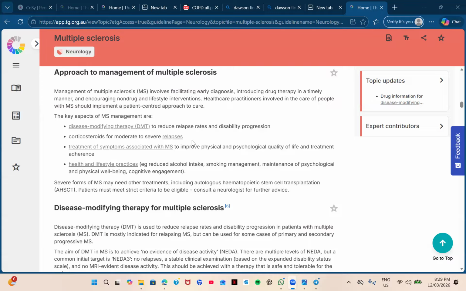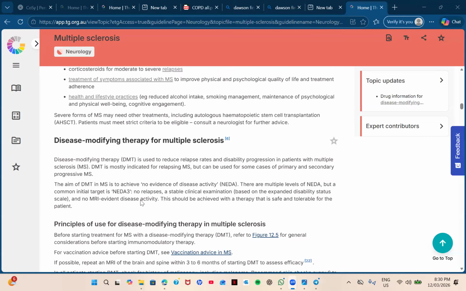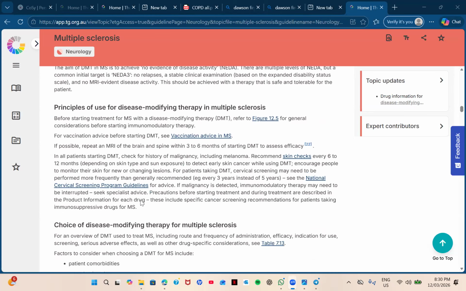This is the long-term treatment, right? Then corticosteroids for moderate to severe relapses, and treatment of associated symptoms. But mainly for long-term management you have to give disease modifying therapy. So let's see what those disease modifying therapies are, right?